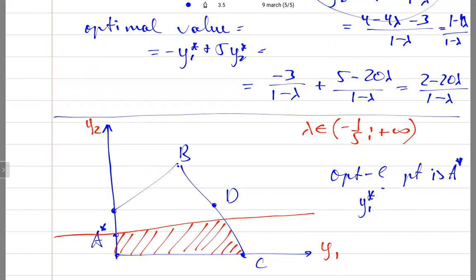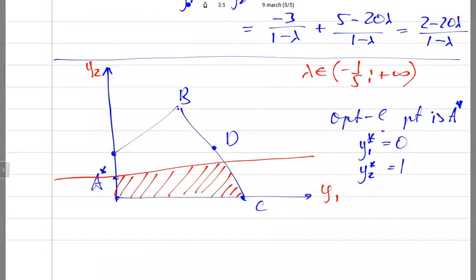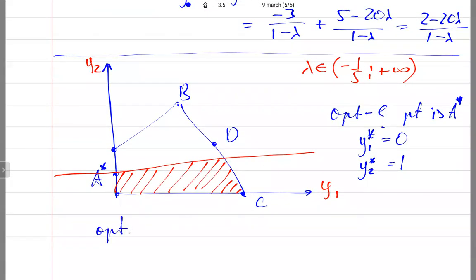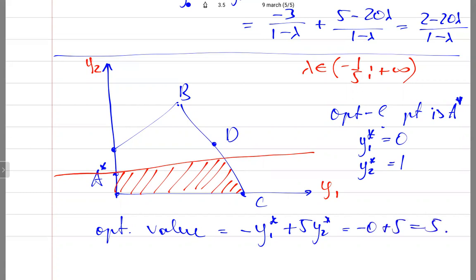So y1 optimal will be 0, y2 optimal will be 1, and optimal value will be minus y1 plus 5y2, will be minus 0 plus 5, will be 5.